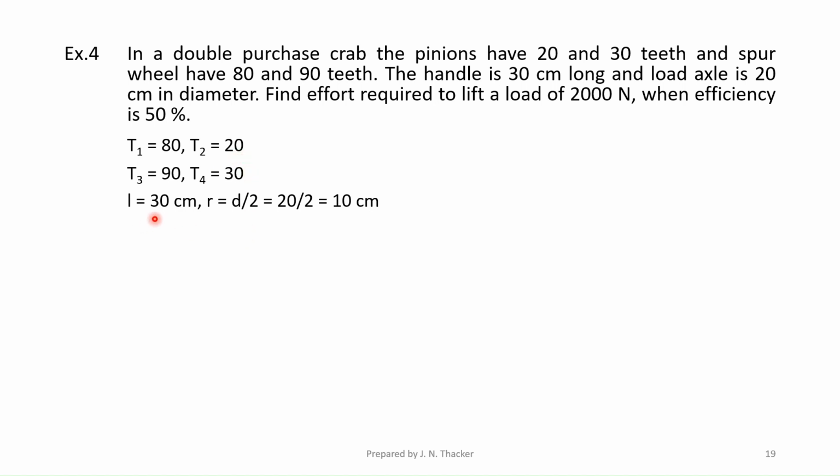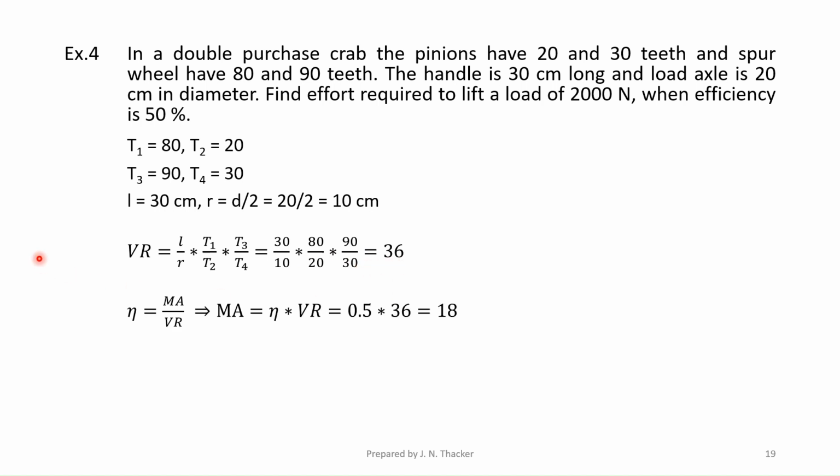L, right, length of the handle, that is 30 centimeter, and radius of the axle, the load axle is d by 2, that is 20 by 2, 10 centimeter, and formula for velocity ratio is L by R into T1 by T2 into T3 by T4. Now putting all these 6 values here, so L is 30, R is 10, T1 80, T2 20, T3 is 90 and T4 is 30. You get velocity ratio as 36.